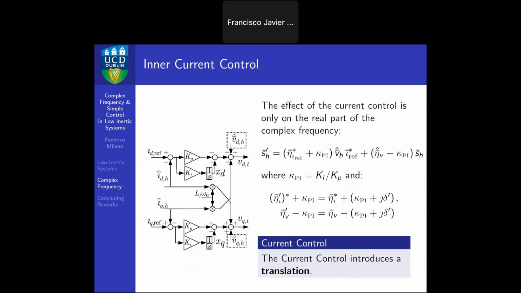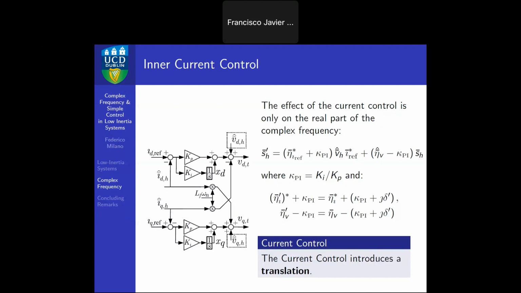Okay. What happens with the inner current control? Well, after a little bit of calculations, now here I need to do what I typically criticize that the control people do. That is to do, let's say that all the lines are the same. Let's say that all the generators have the same inertia. Let's say that all loads have exactly the same power, which, okay, do it, but then it's not a power system, right?